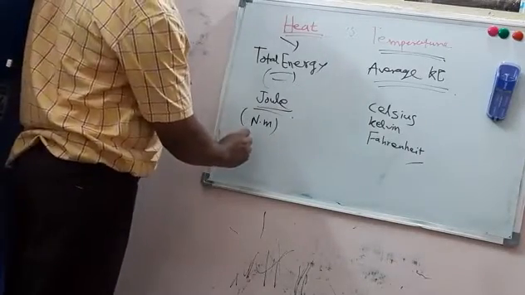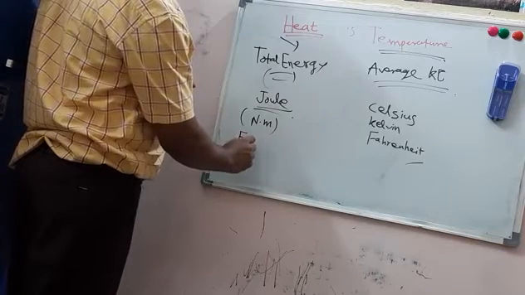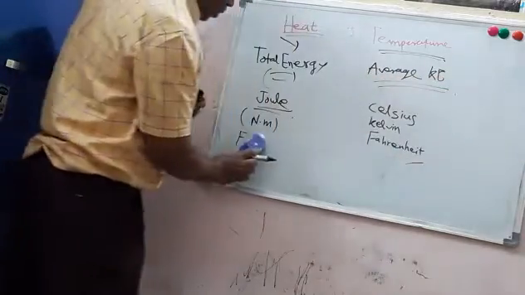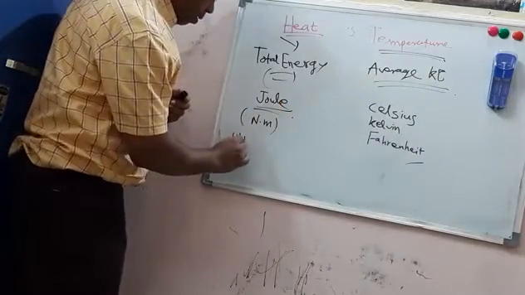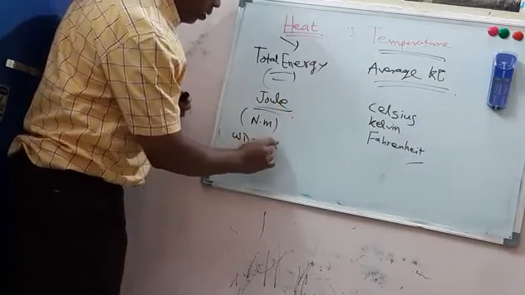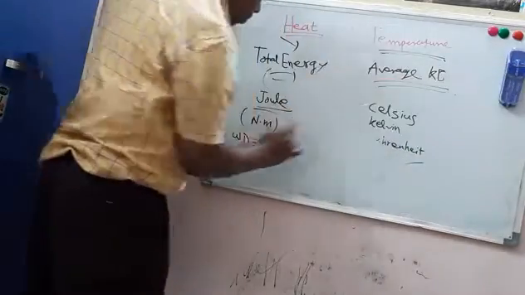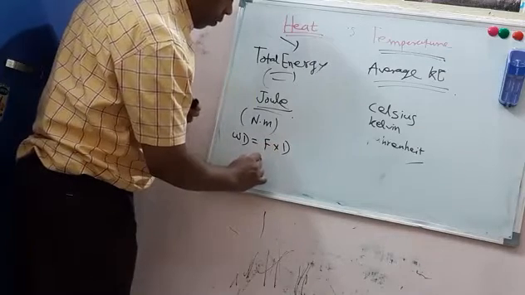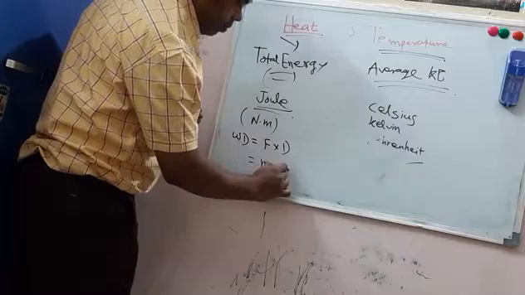So joule means work done, equal to force into distance. Force is mass into acceleration into distance.